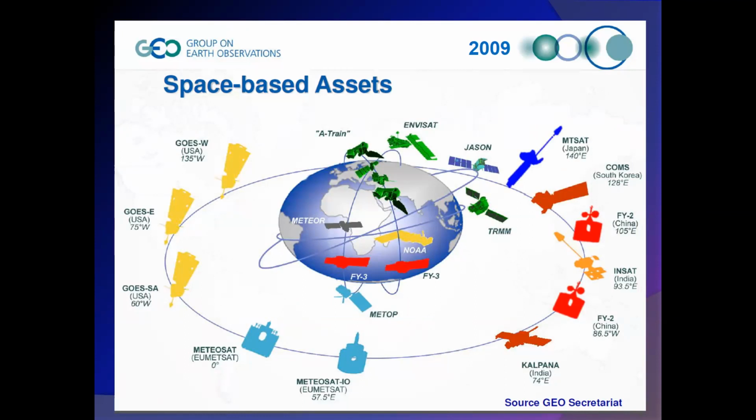That was the real kickstart of monitoring the planet, in terms of its Earth sciences or Earth parameters, and especially those related to hydrology. And in 2009, the Group on Earth Observations produced the space-based assets diagram or picture illustration of the different satellites that were available in space and data sets that were available from these.